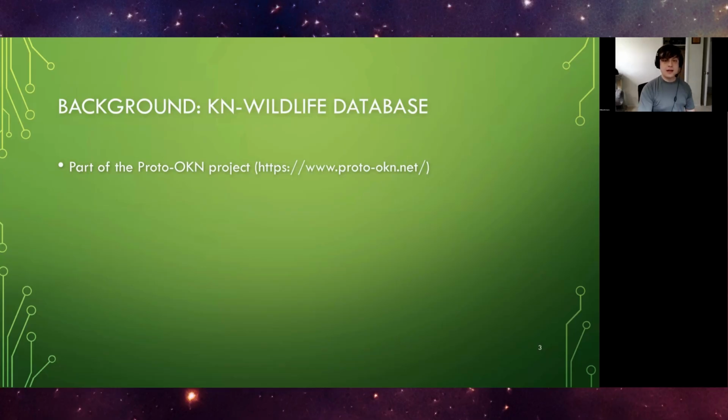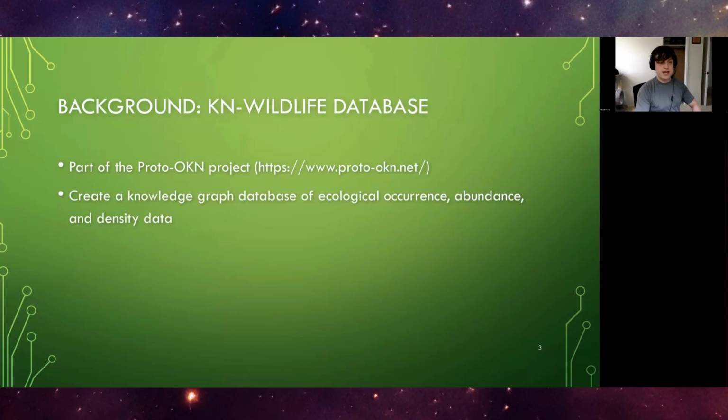The KN Wildlife Project is part of the larger NSF Proto-OKN project. We're tasked with creating a knowledge graph database of ecological occurrence, abundance, and density data, which I will refer to as wildlife data for the remainder of this presentation because it's less of a mouthful.